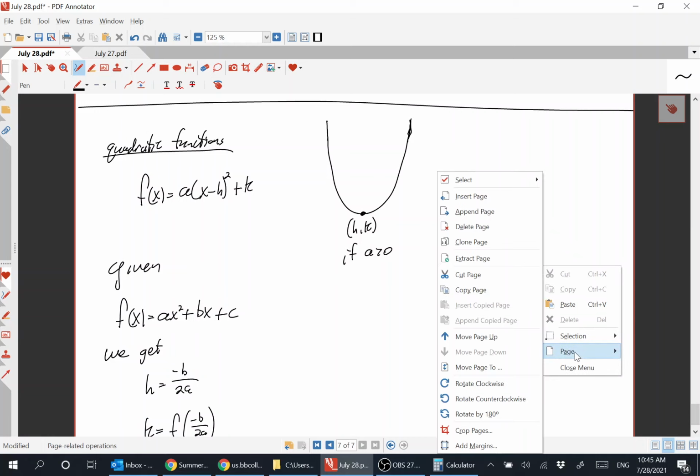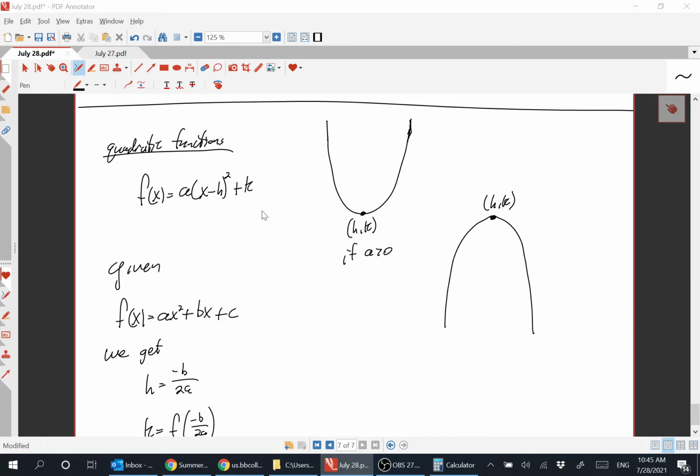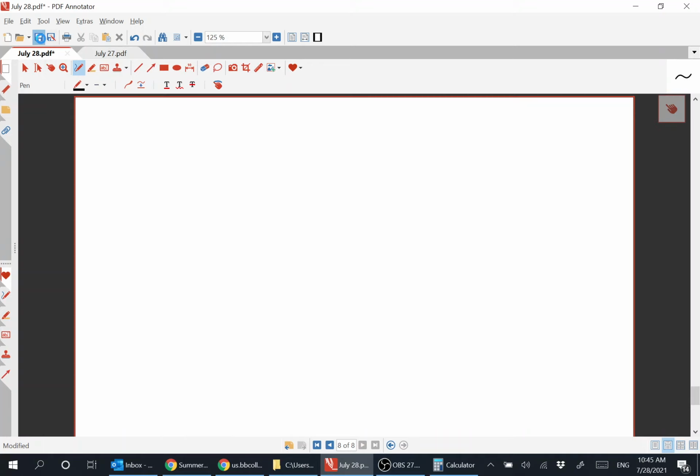So that allows you to do these max-min problems that deal with quadratic functions. And we had several of those. There was a problem about the rain gutter on the homework, and everybody did all right with that.